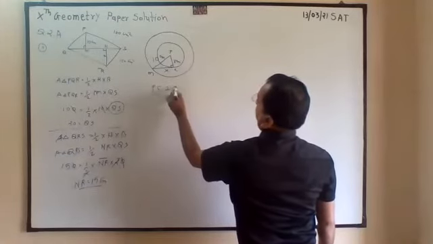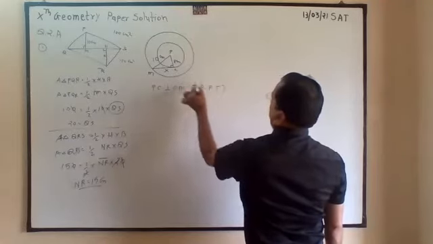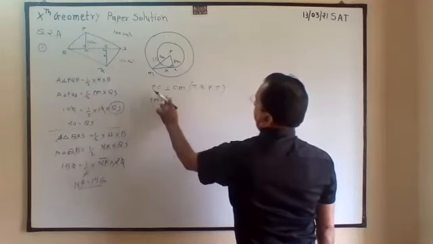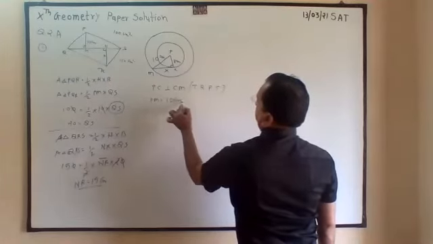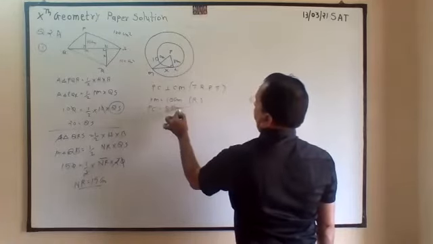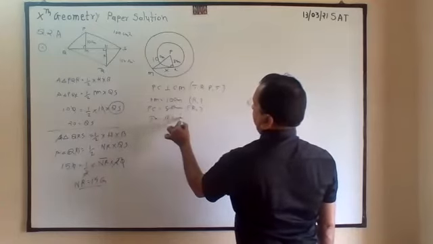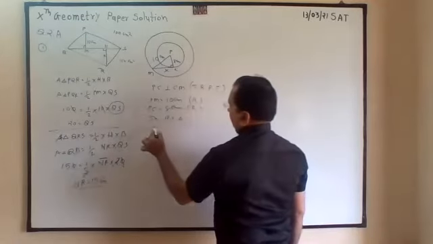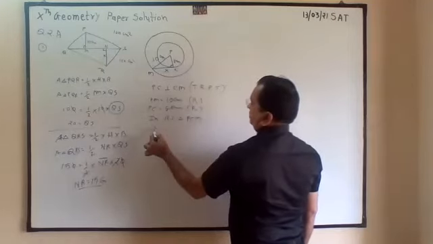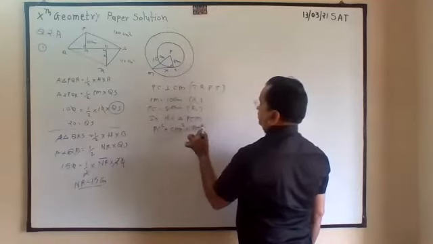First of all, PC is perpendicular to CM, by the tangent-radius perpendicular theorem. PM is equal to 10 centimeter, radius R1, and PC is equal to 8 centimeters, radius 2 given. So in right angle triangle PCM, PC square plus CM square is equal to PM square.